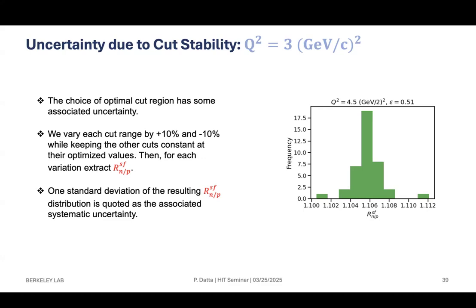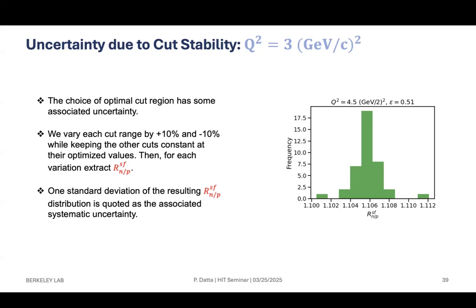To quantify that uncertainty, what we do is we vary each of our cut variables by plus or minus 10%, keeping the other cuts constant at their optimal values. And then for each variation of these cuts, we extract the RMPSF value, and then we take one standard deviation of the resulting RMPSF distribution and quote it as the associated systematic uncertainty.